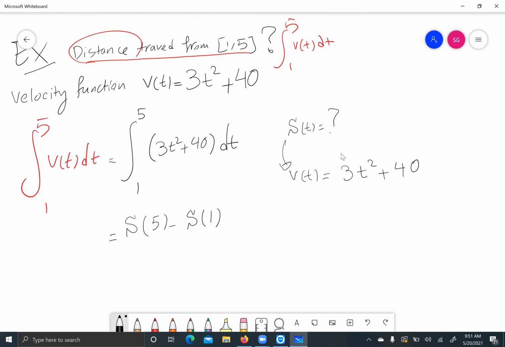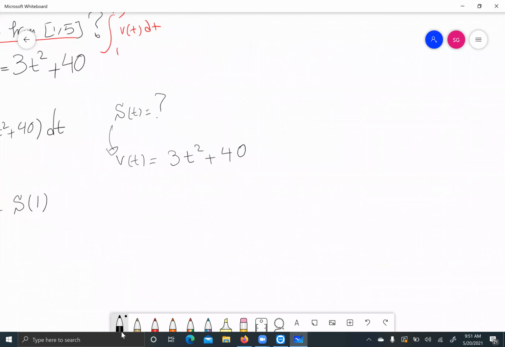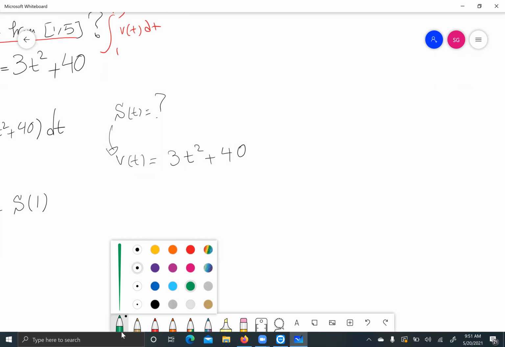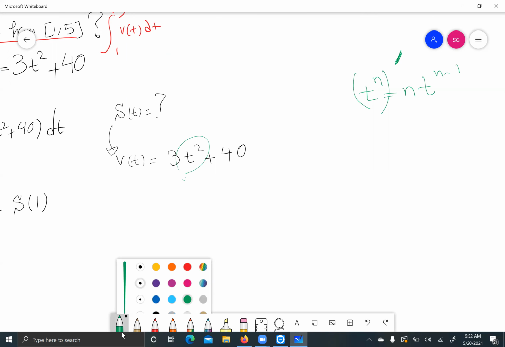For 3t squared, recall that because this is a power function, the derivative rule for a power function is that t to the power of n has derivative n t to the power of n minus 1. Now in here, I have 3t squared.